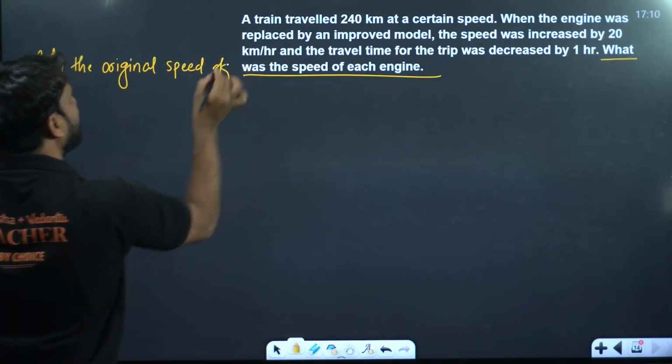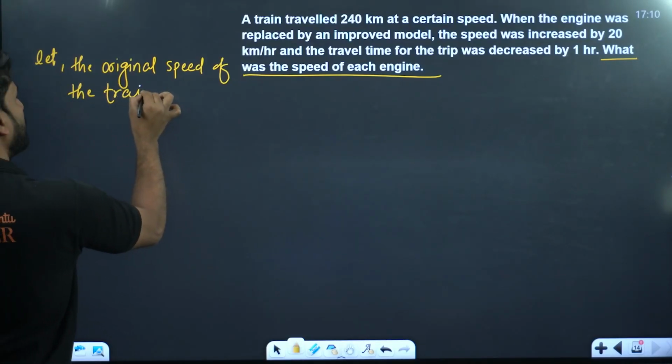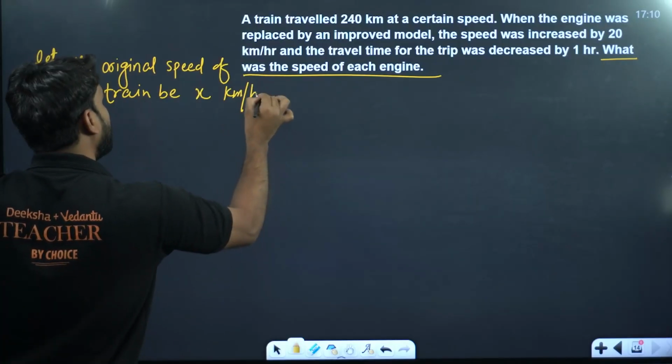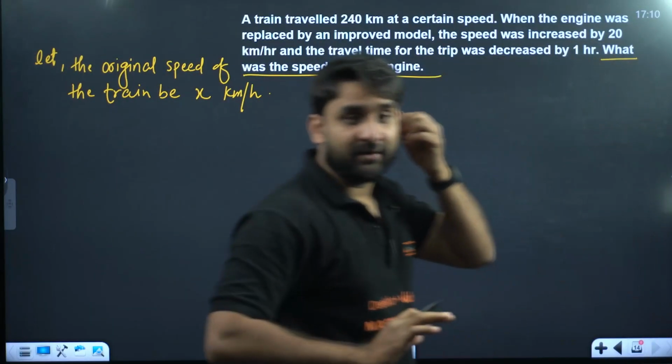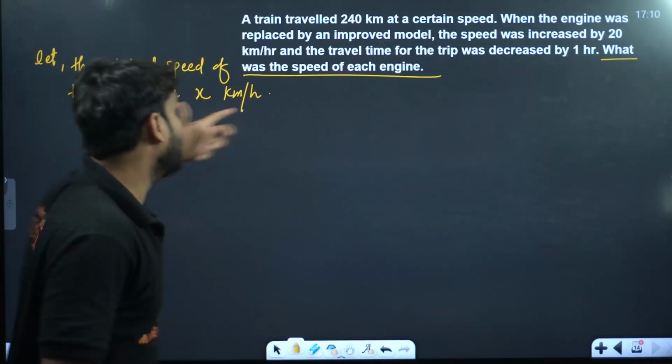Please focus here, everyone. Let the original speed of the train be x km per hour, and make sure to write the unit also. And how much distance does the train have to travel? 240 km. So what will be the original time?